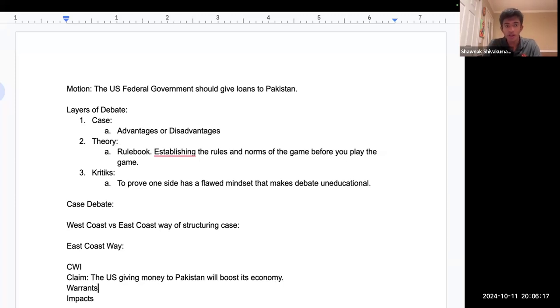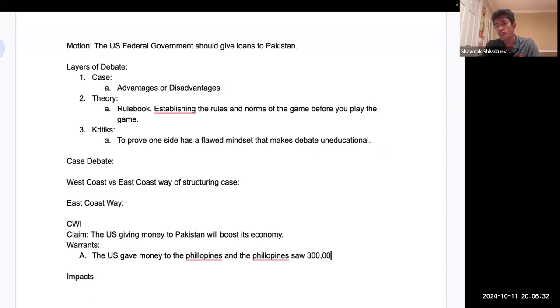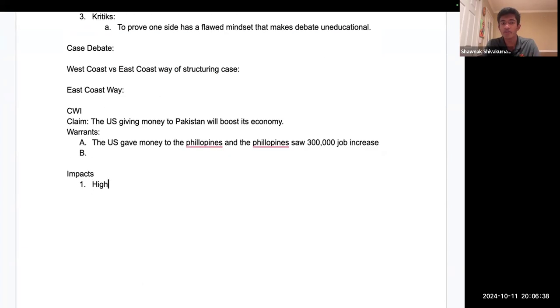The warrants are reasons to explain, usually evidence, like when the US gave money to the Philippines and the Philippines saw a 300,000 job increase. The impacts are things like a higher quality of life. This is usually how it's structured on the East Coast.